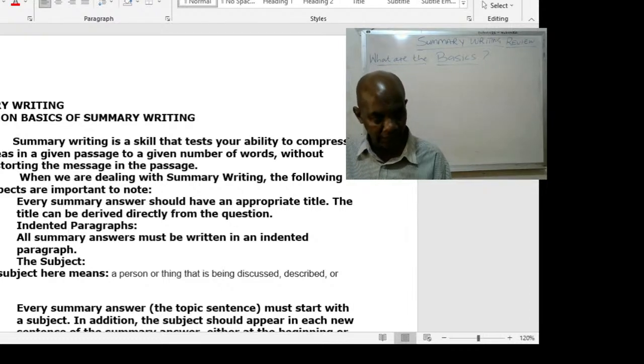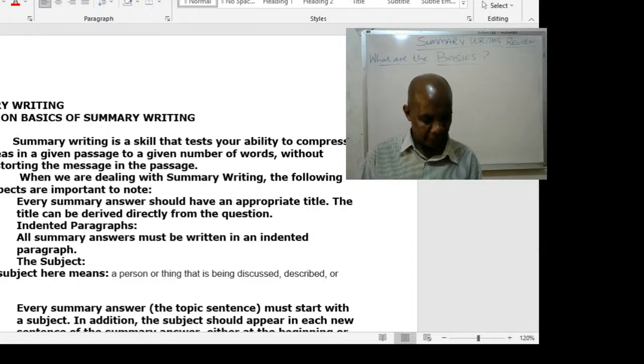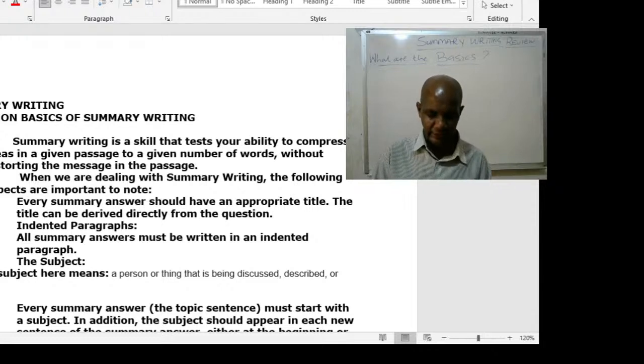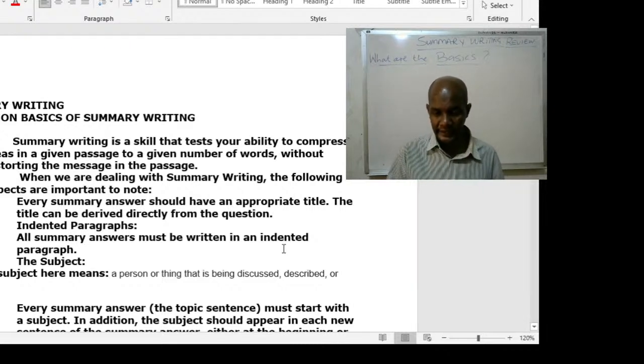So the important things we're doing on summary writing are few, but very important. First, we know that when you're dealing with summary, we're expected to compress the information or the ideas that were given in a passage. You're supposed to compress them to a given number of words.